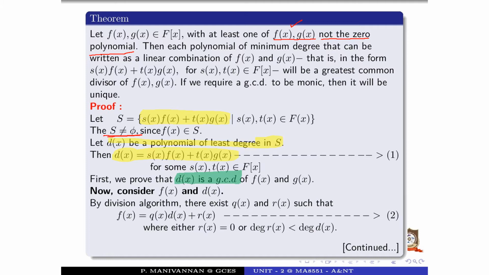By the division algorithm, f(x) equals q(x) times d(x) plus some remainder r(x), where either r(x) equals 0 or the degree of r(x) is less than the degree of d(x), by the division algorithm.